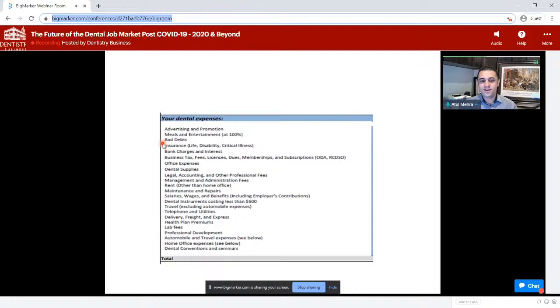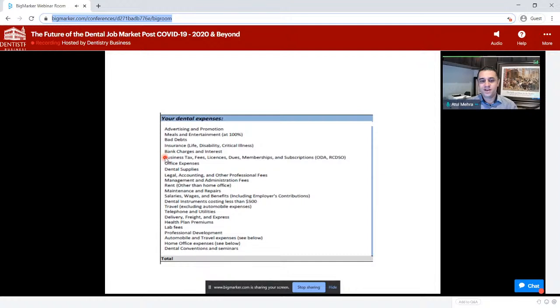If you have a loan with the bank and you have life insurance that the bank requires as collateral for that loan, then you can deduct the insurance. Bank charges, interest, credit card charges that you're incurring, you can deduct those if they're related to your business.